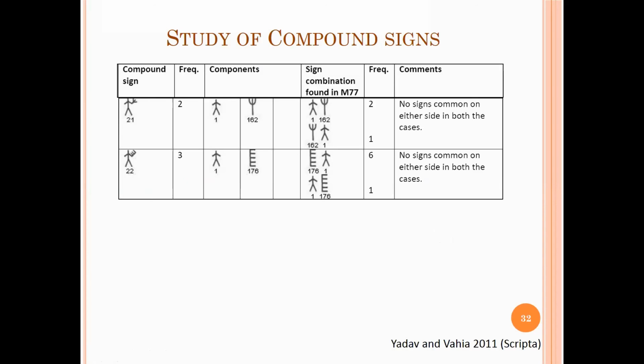So in order to check this, we can take a compound sign and decompose it. For example, this sign can be decomposed into two basic signs, and because there are two components, you can have two possible combinations. If it is A and B, it can come as AB or BA.